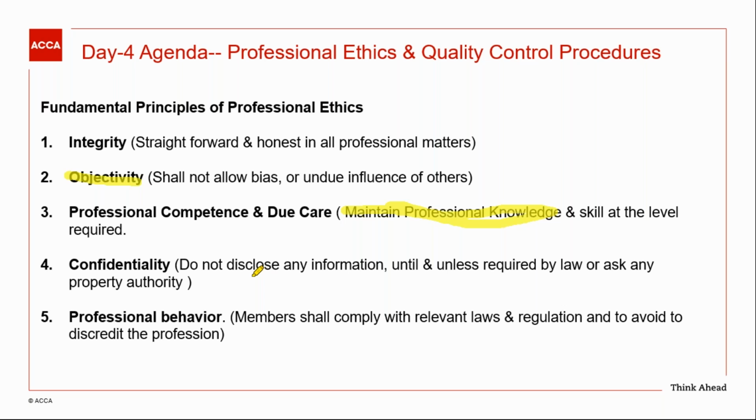Even if they are not competitors, you should be ethical, and it is your moral responsibility not to disclose any information to anyone unless it is required by law, or any proper authority, any government or lawmaking authority, asks you to provide the information. Only in those cases can you provide it; otherwise you will not.